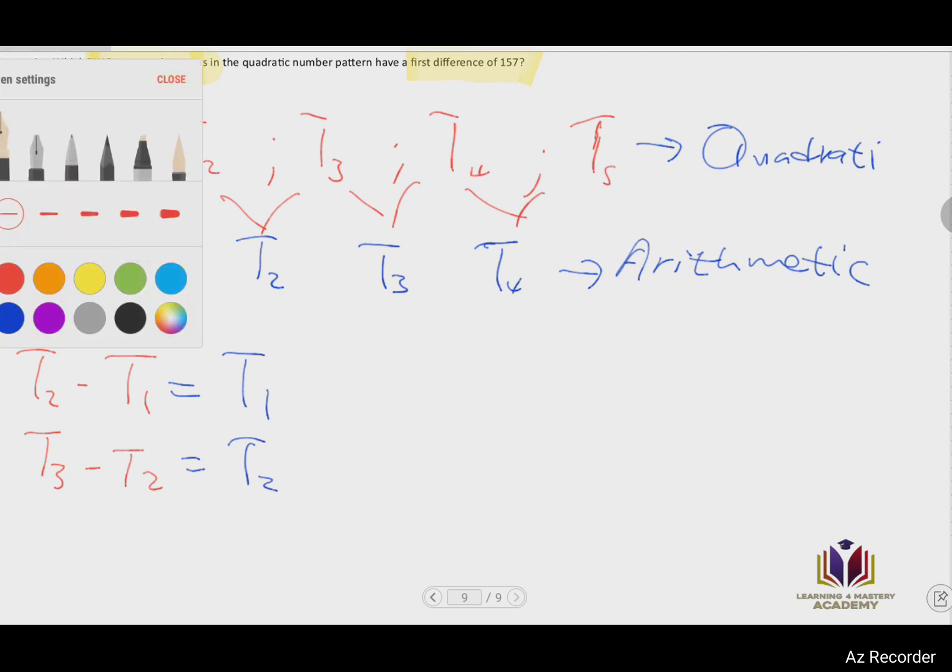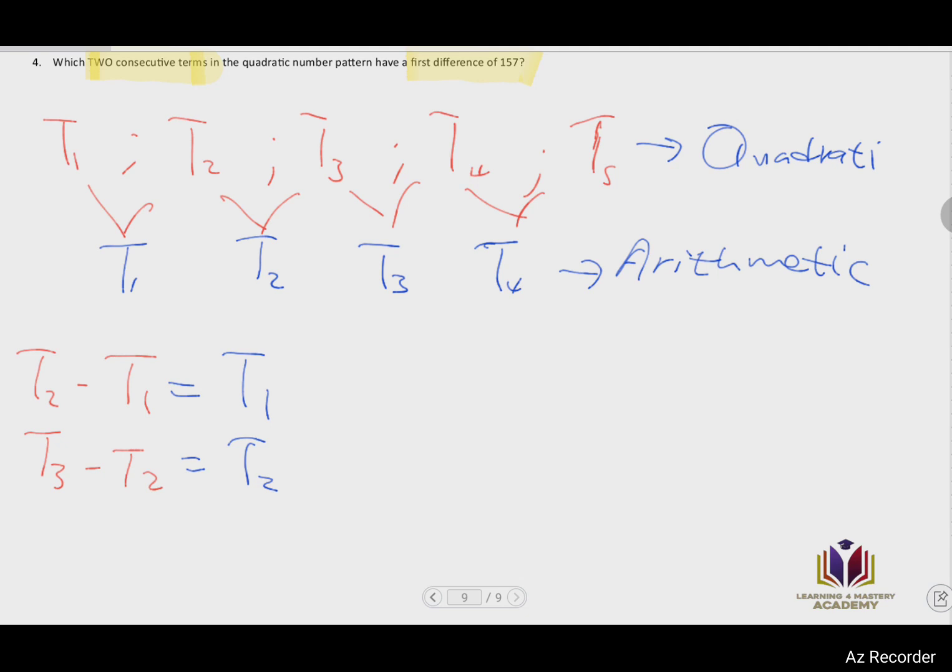We realize that when we subtract consecutive terms, the position of the smaller term matches with the position of the difference in the first difference. Let me repeat that statement.